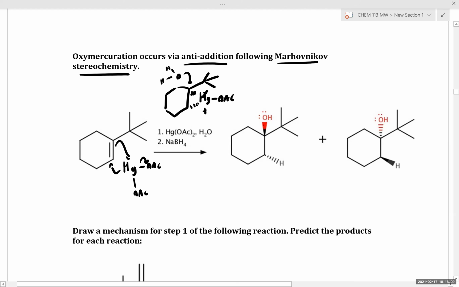And note that the mercurinium ion can form on either face, so we get a mixture of enantiomers. But in all cases, we see Markovnikov selectivity and anti-stereochemistry. In this case, this center is not a genuine stereo center, but if you have another alkyl group, then you can potentially see a mixture of stereoisomers at this position.